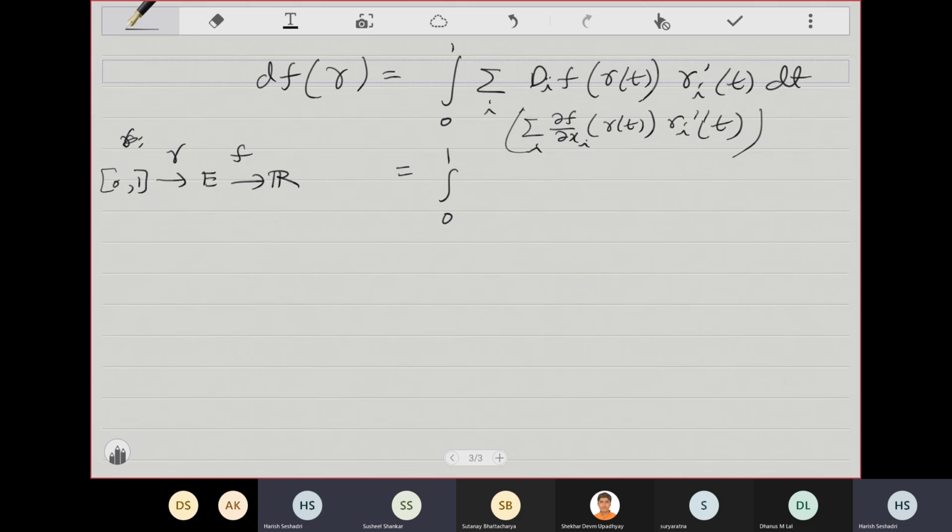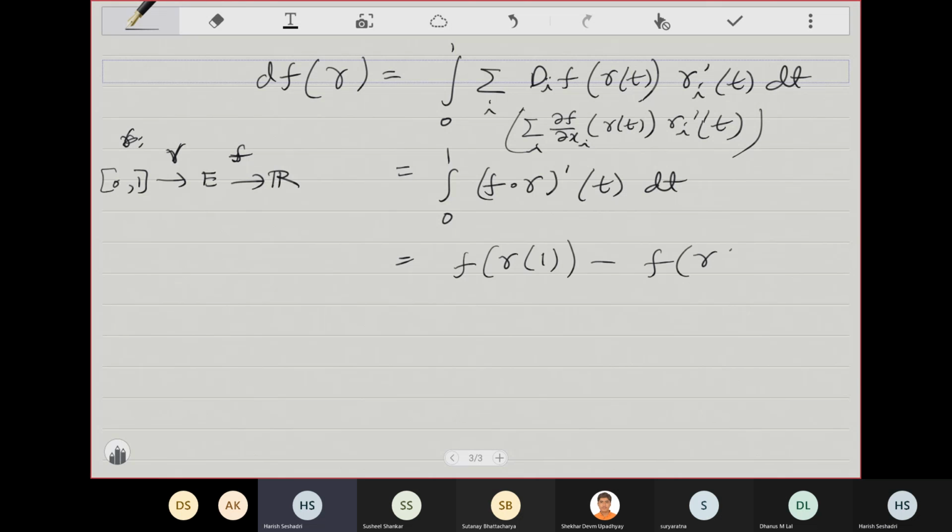It is just, by chain rule, the derivative of the composition of f with gamma, f composed with gamma prime t dt. And by our fundamental theorem of calculus, this is just f of gamma 1 minus f of gamma 0. That's it.